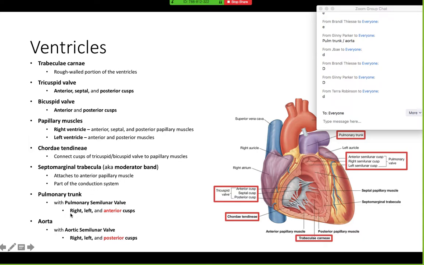Be familiar with that. And then this is a big one, the fact that the pulmonary trunk has a left, right, and anterior cusp, the pulmonary semilunar valve, more specifically, and then the aortic semilunar valve has a left, right, and posterior cusp.